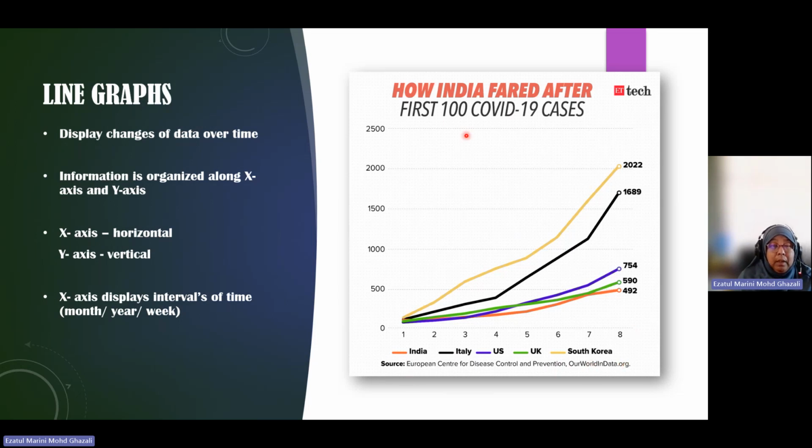If we look at the graph, we understand that compared to other countries, India is not that high. All right, the number of cases in India is not that high. The highest would be South Korea, and the second highest is Italy. Okay, all right.